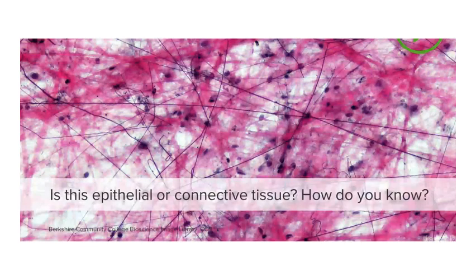So if you see a picture like this on a test question, can you identify what it is? It is connective tissue, yay! Now, is it regular? No, it's irregular. Is it dense?